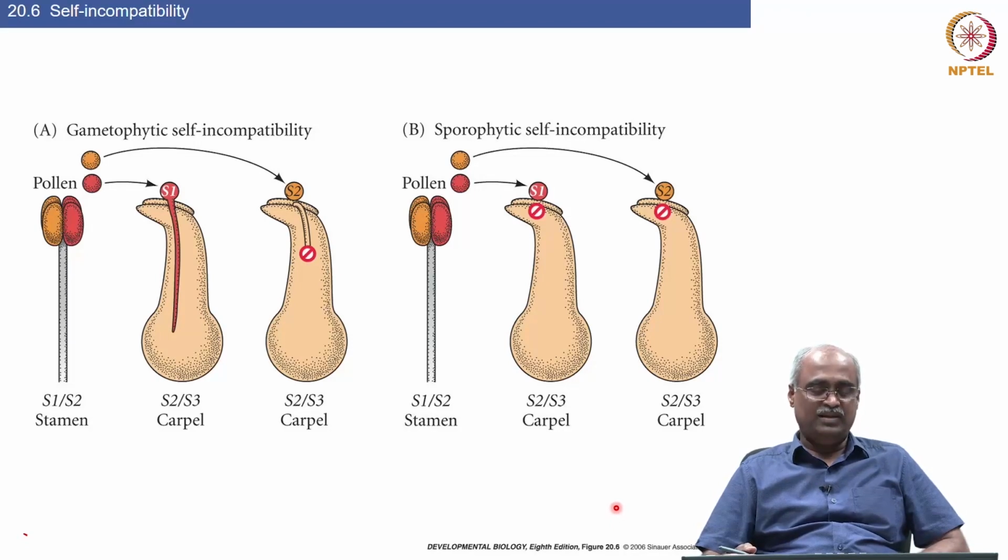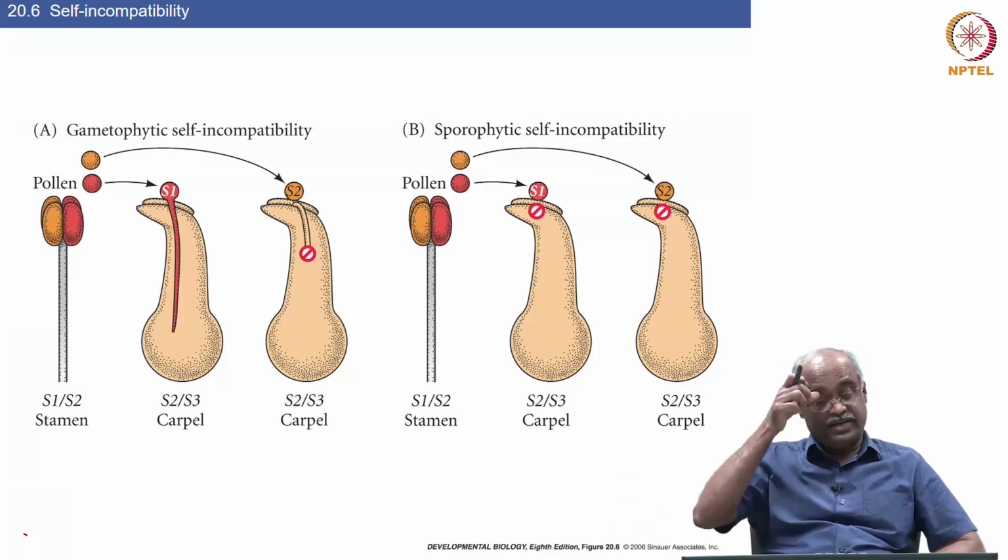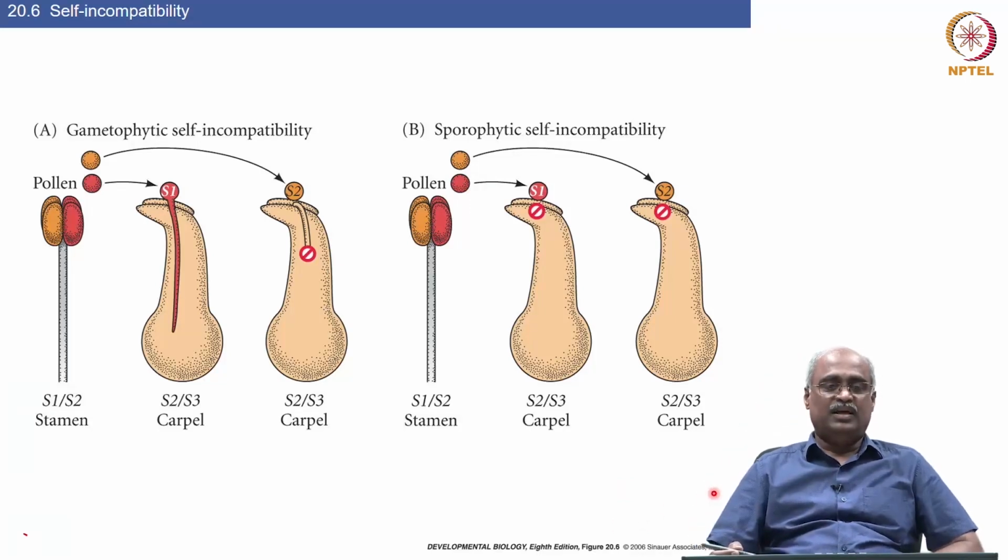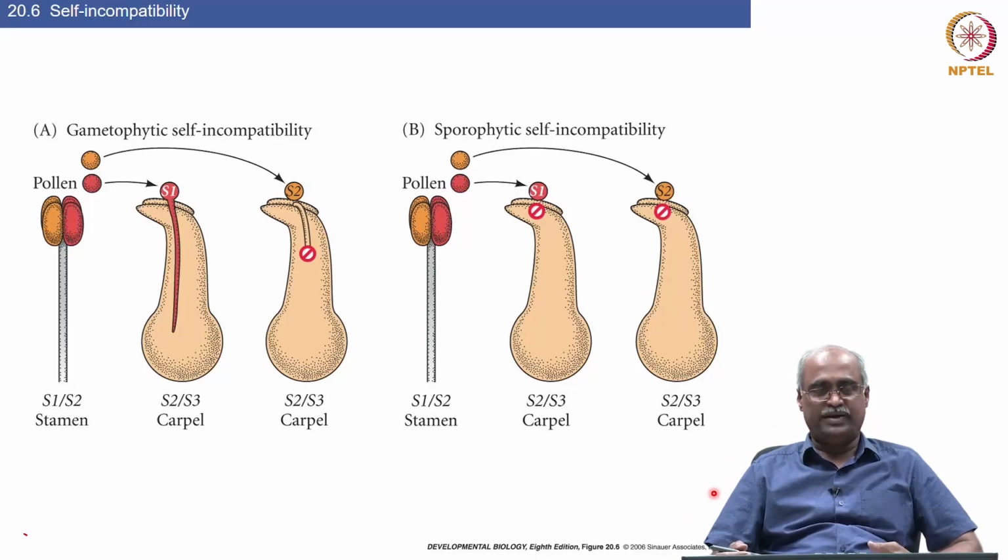And then we had staminate and carpellate flowers, where the male and female gametes are made respectively. Then we familiarized ourselves with another group of plants called dioecious plants, where one individual member of that species makes only one type of gamete and not the other, and we saw palm trees as an example.